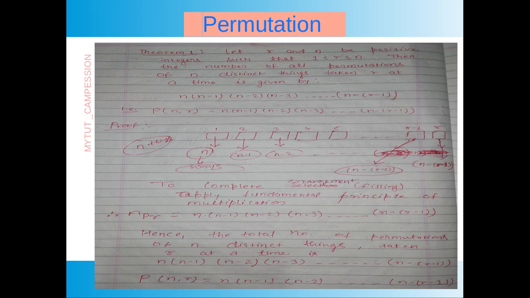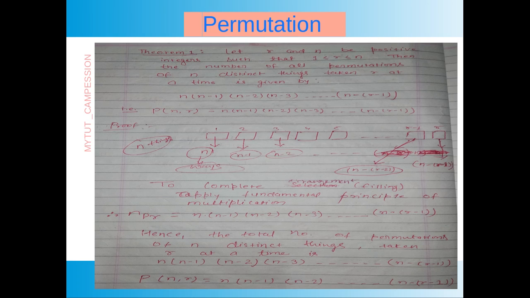Then the number of all permutations of n distinct things taken r at a time is given by n into (n minus 1) into (n minus 2) into (n minus 3) ... into (n minus r plus 1). That is, nPr equals n into (n minus 1) into (n minus 2) into (n minus 3) into ... (n minus r plus 1).